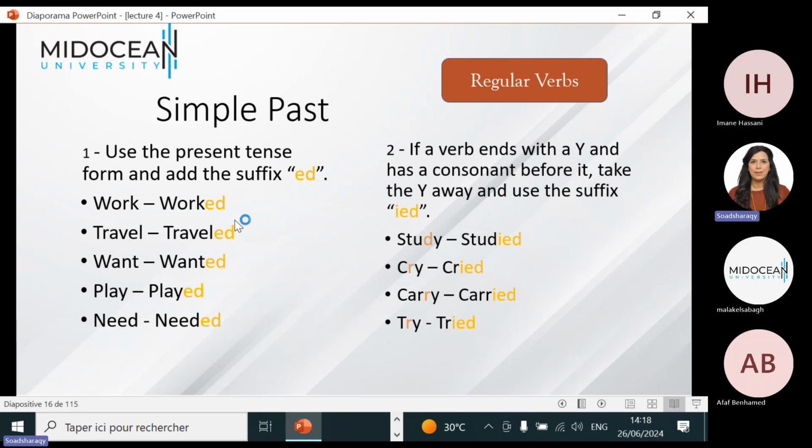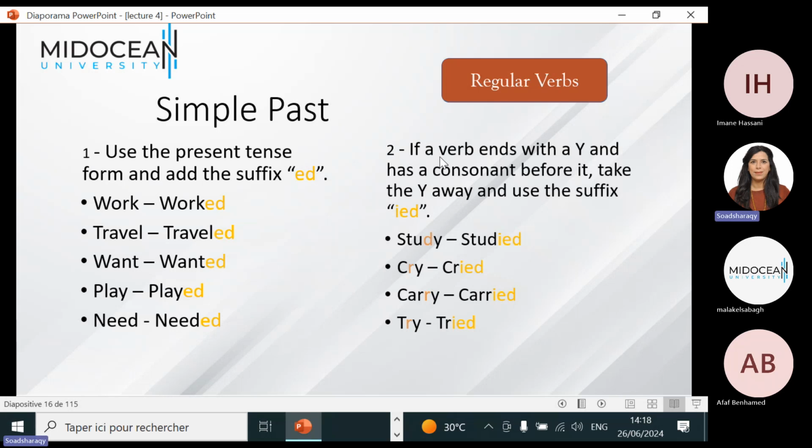Simple past with regular verbs. We use the present tense form and add the suffix -ed. Example: work, simple past worked; travel, traveled; want, wanted; play, played; need, needed.